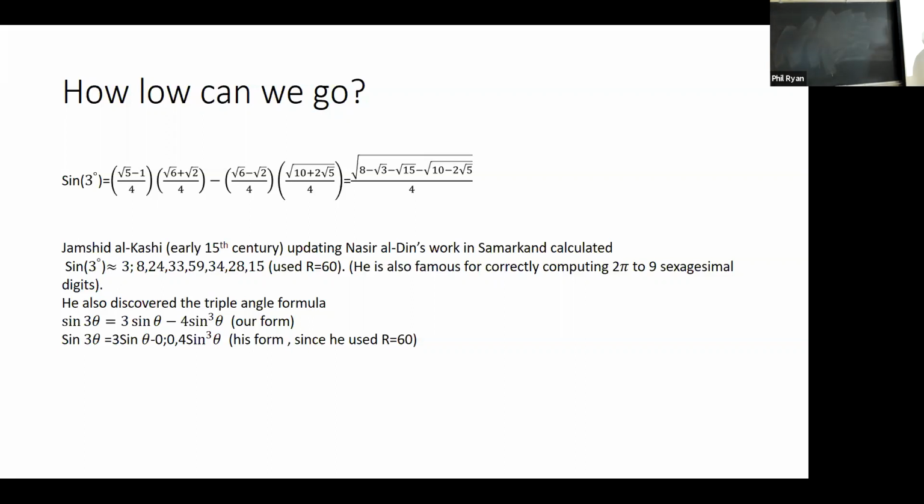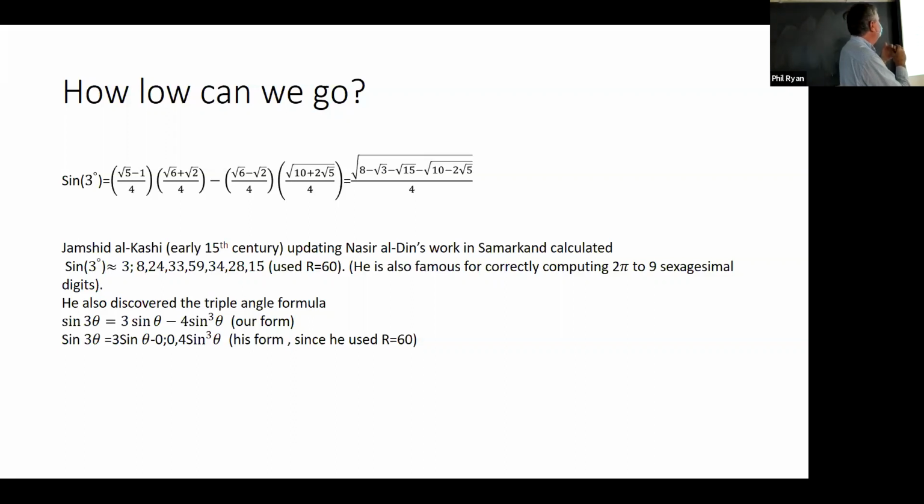He's actually more famous for computing pi to 9 sexagesimal places, which was the most accurate value of pi until, I don't know, the 1700s or something like that. So this is the most accurate value of pi in the period that we're looking at.